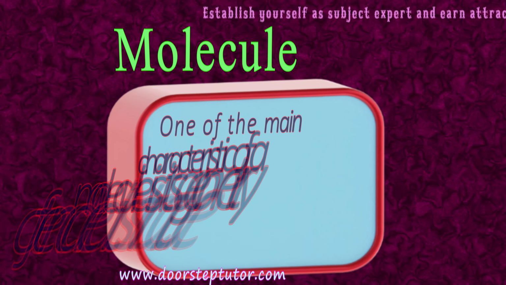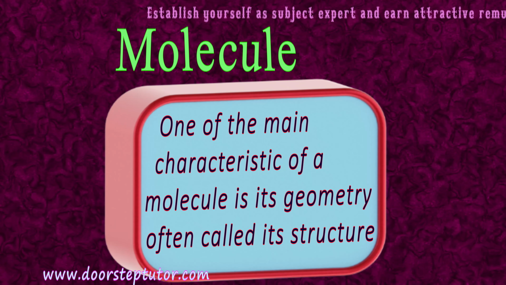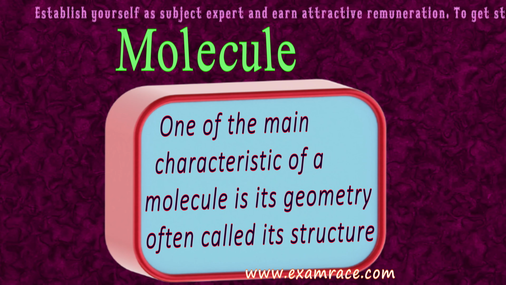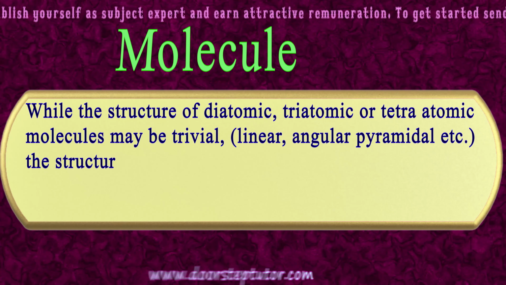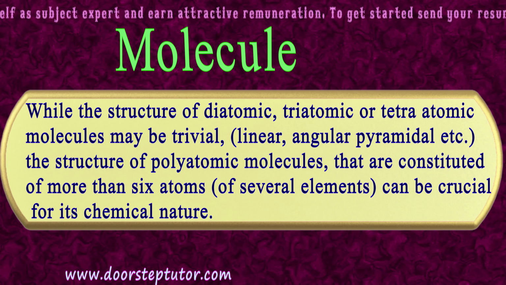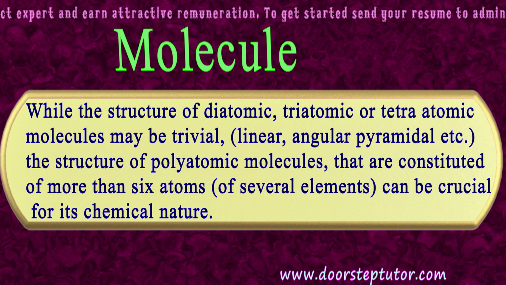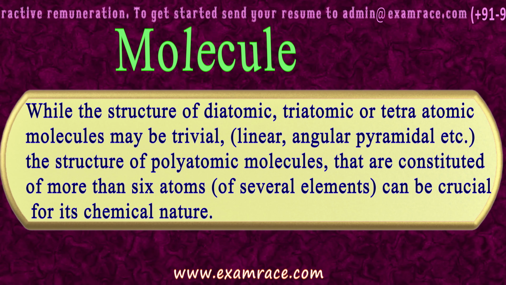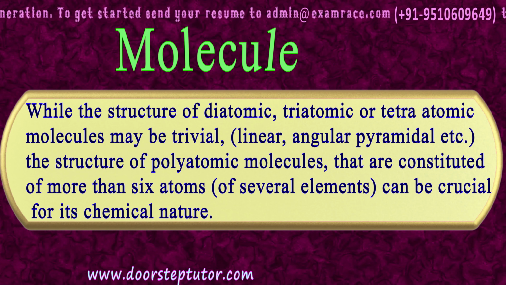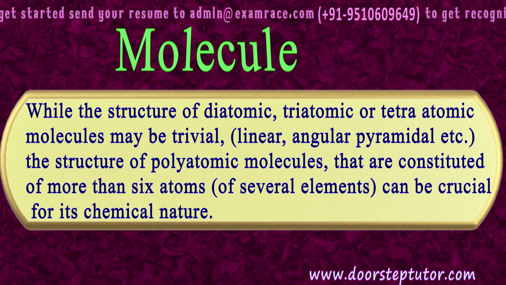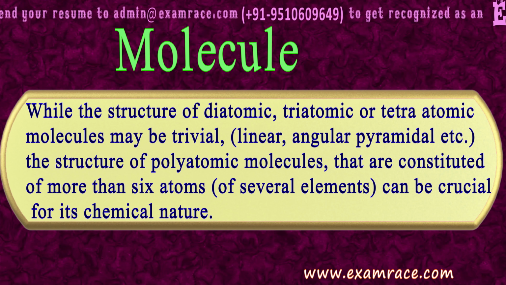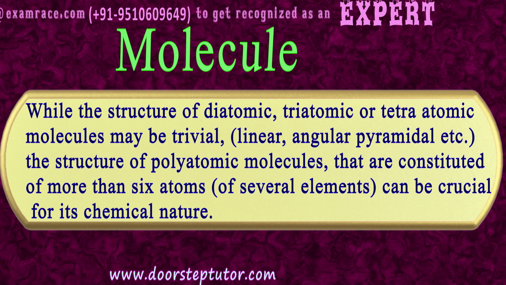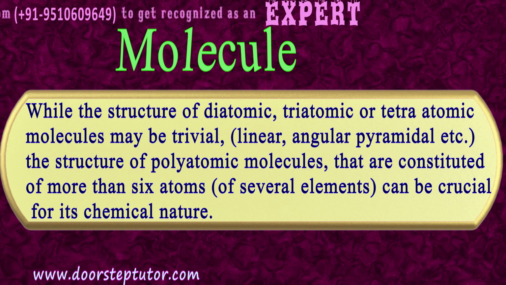Now, one of the main characteristics of a molecule is its geometry, and often we call it its structure. While the structure of a diatomic, triatomic or tetraatomic molecule may be trivial, meaning linear, angular, pyramidal and many more, the structure of a polyatomic molecule that is constituted of more than 6 atoms can be crucial for its chemical nature.